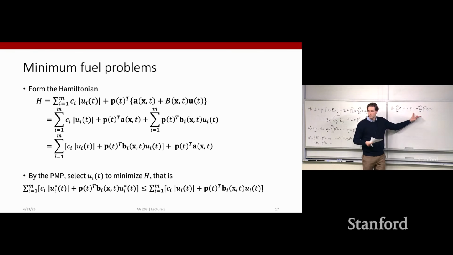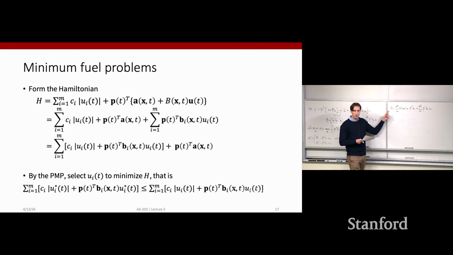Here I skipped a couple of steps, but this is exactly because the steps are the same as the ones we did before. We express B in terms of the columns, and then that product essentially becomes the linear combination of the columns of B. Is it clear how we define the Hamiltonian here?